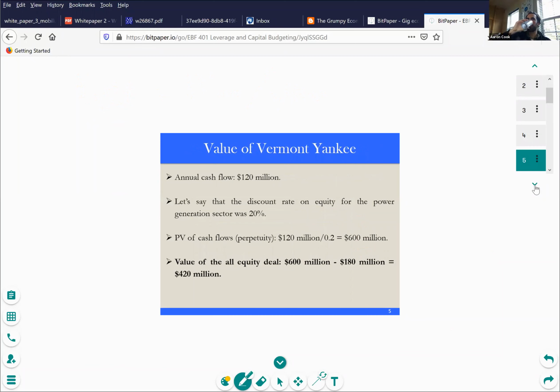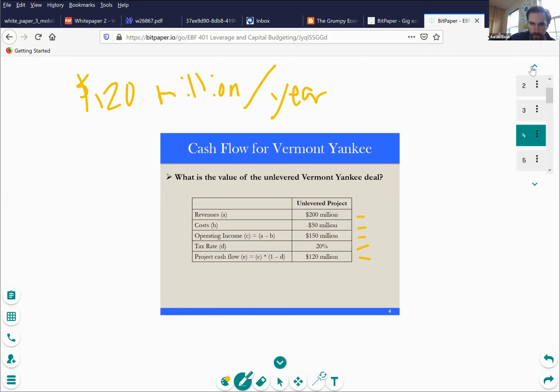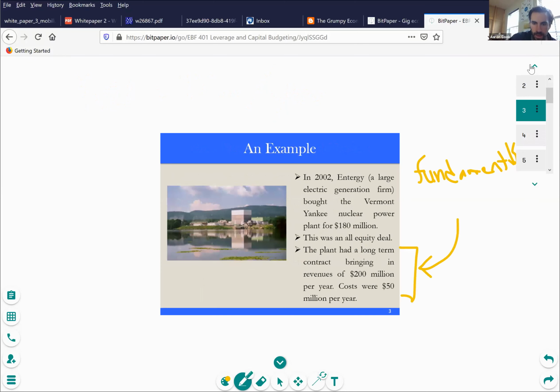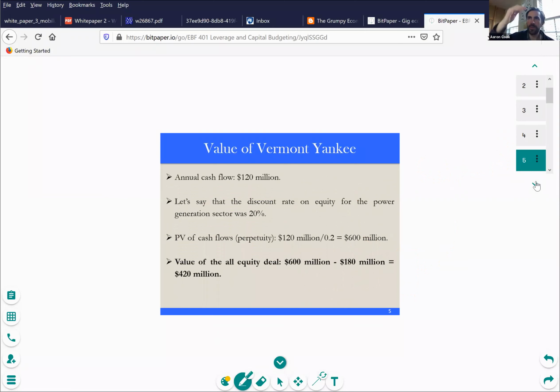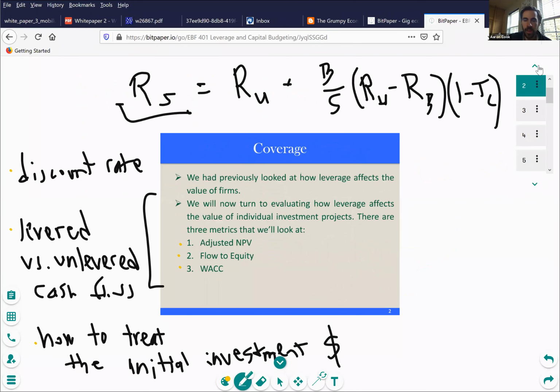Okay, so that's an all equity purchase. It was an unlevered purchase. There was no debt taken out to make that investment. So the appropriate discount rate for an all equity firm, if we remember our cost of capital equation, if there's no debt, then this B is equal to 0.